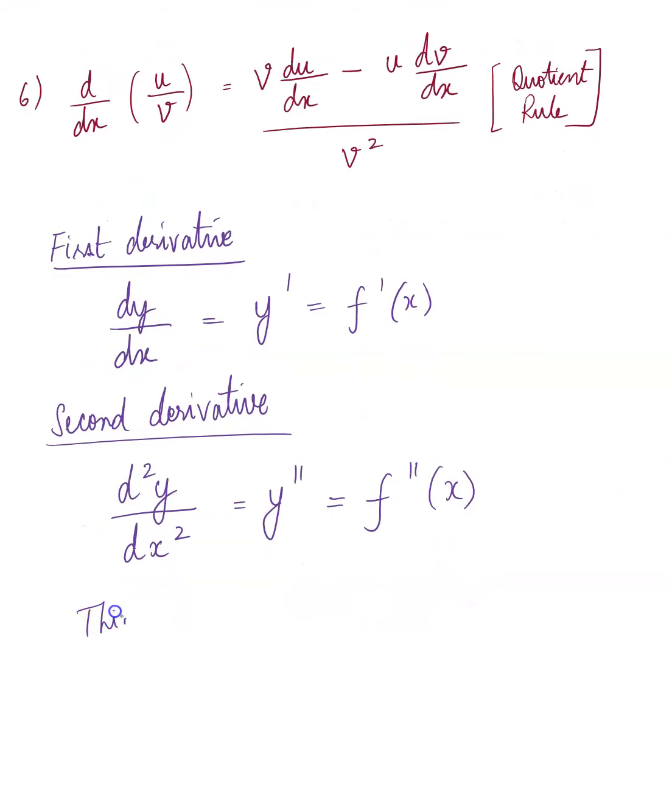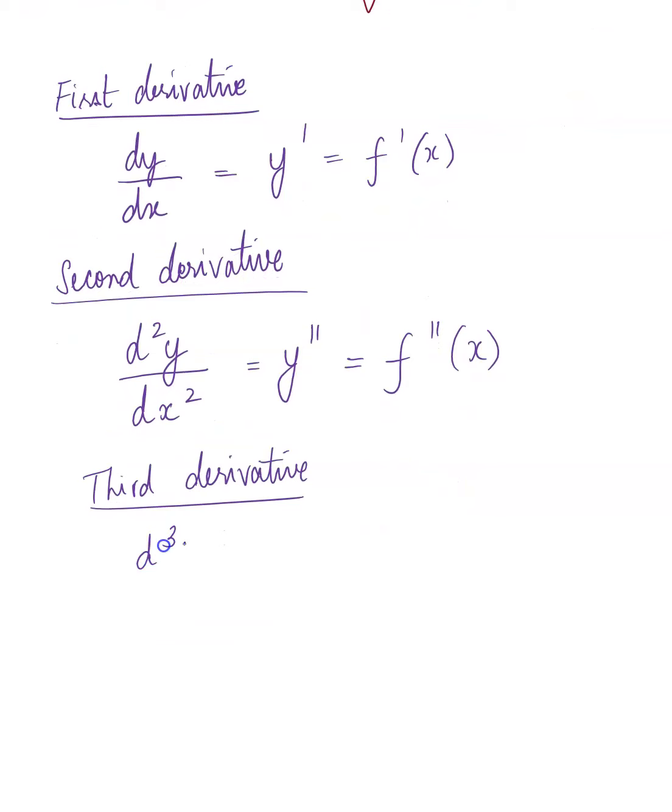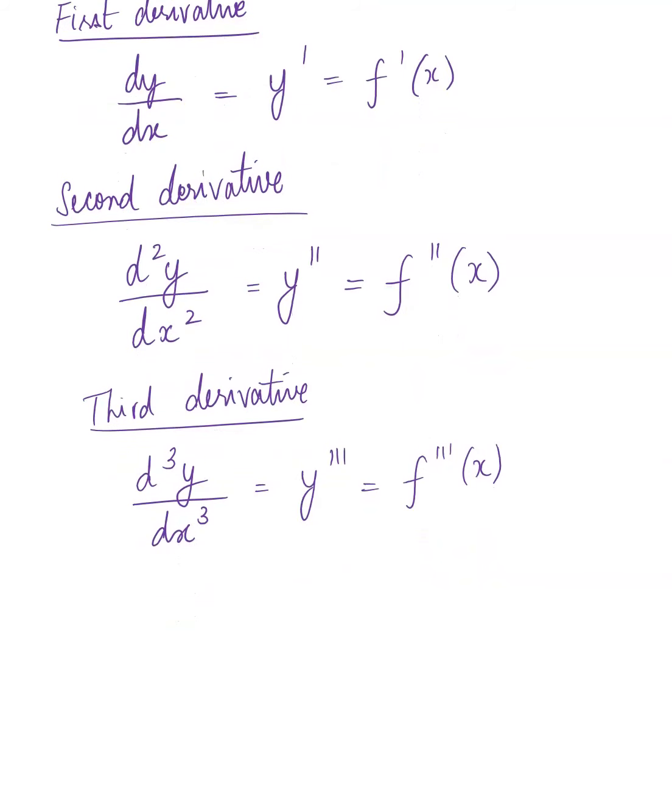Then the third derivative, that will be d cubed y over dx cubed. That's got y triple prime or f triple prime of x. Once we go to the fourth derivative, it's going to be hard for us to write those 4 strokes, right? The prime notation becomes harder after 3. So up to 3 we have this, and for anything beyond 3, we just use the n notation in parentheses.